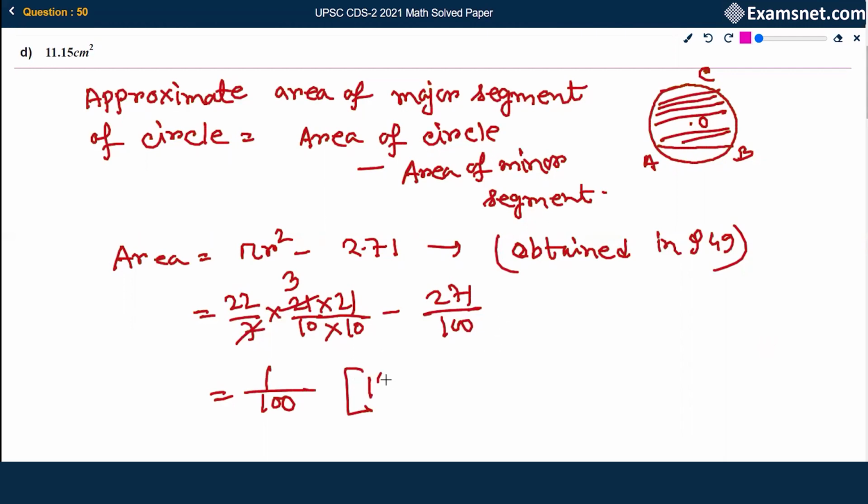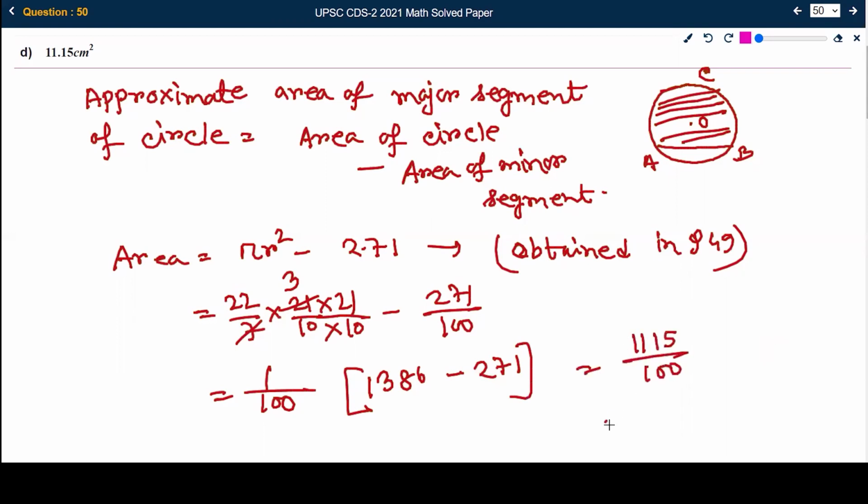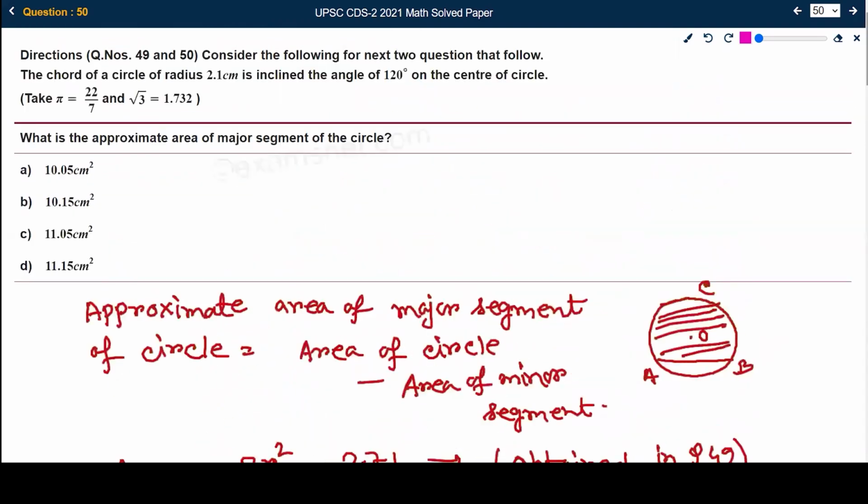We will get 1386 minus 271. So this will result in 1115 by 100. That means 11.15 centimeter square is the answer. The approximate area of the major segment of the circle is 11.15 centimeter square. Here option D is the correct answer.